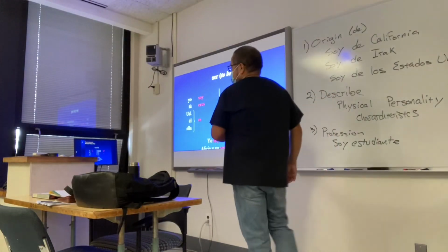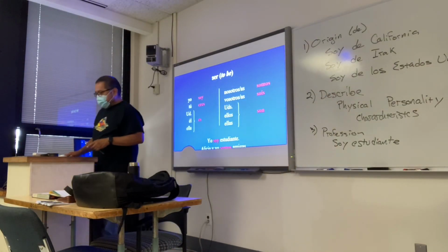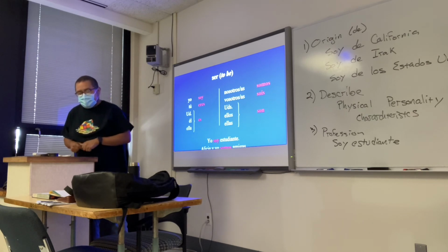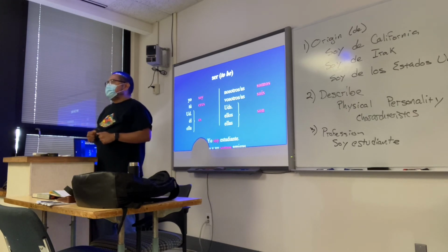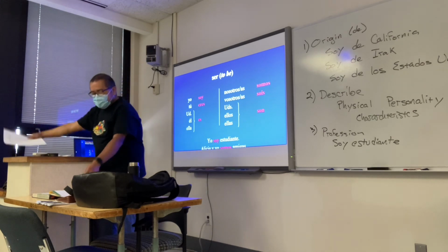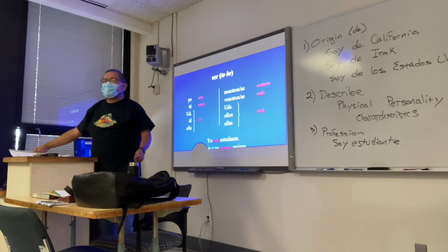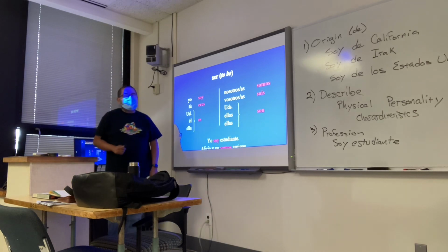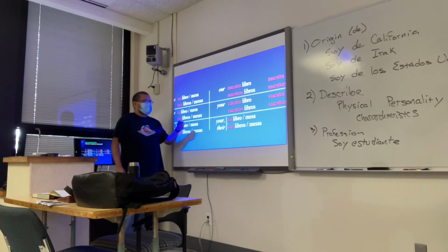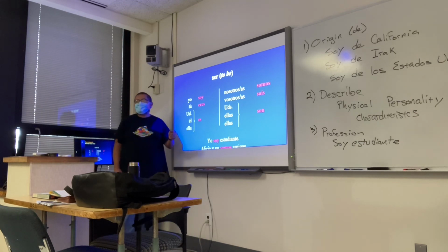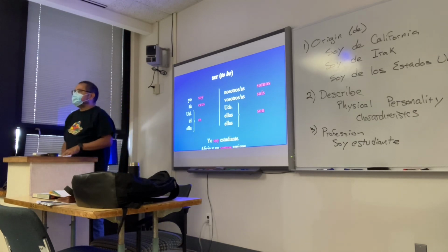So, what I would like you to do to finish off El Día, I would like you to, in one sentence, describe yourself. You can use these, you can use those, okay? And then in another sentence, describe your best friend. So if it is a guy, él es. If it's a girl, ella es. Okay?